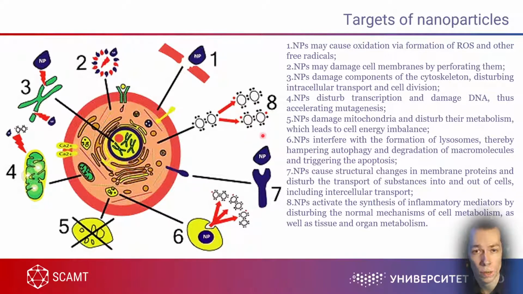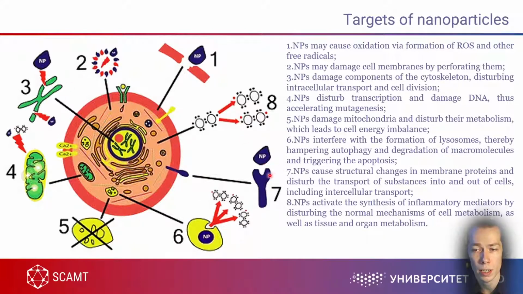And there are a lot of targets. One of the first types of cytotoxicity is the generation of reactive oxygen species. Some damage can be done to endosomes or endolysosomes. Some damage can be done to DNA. Some damage can be done to membranes. Some damage can be done to mitochondria, and a lot of other things.